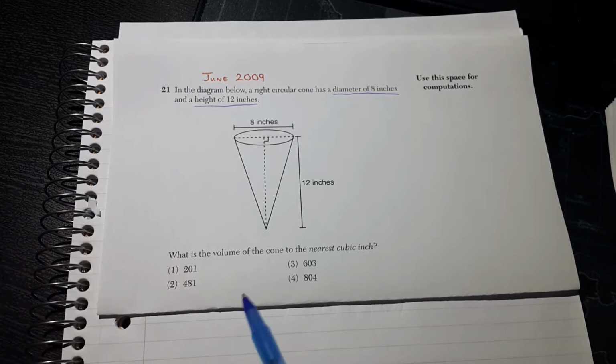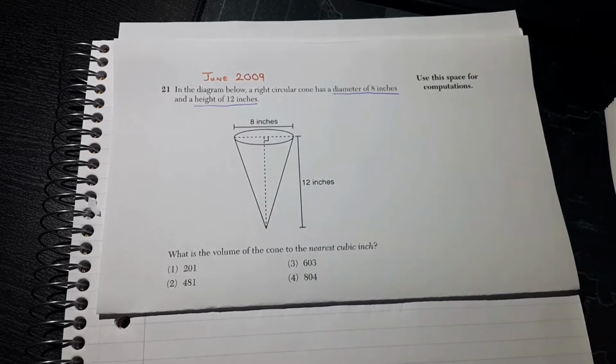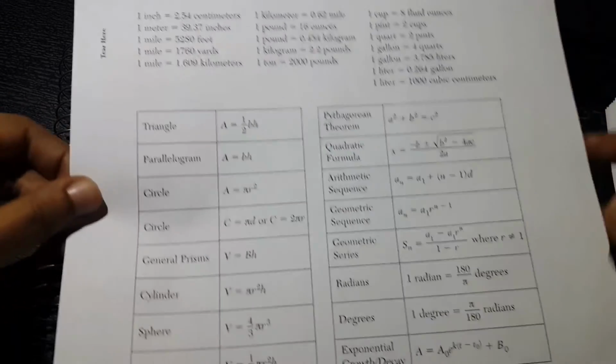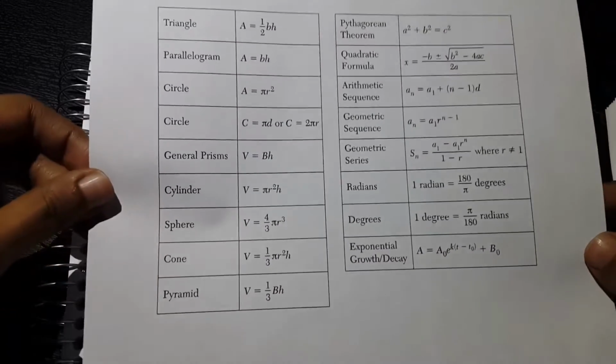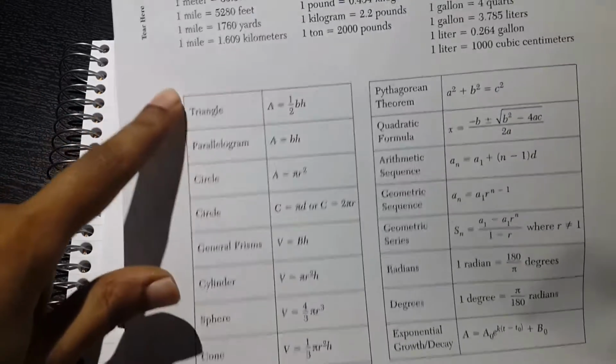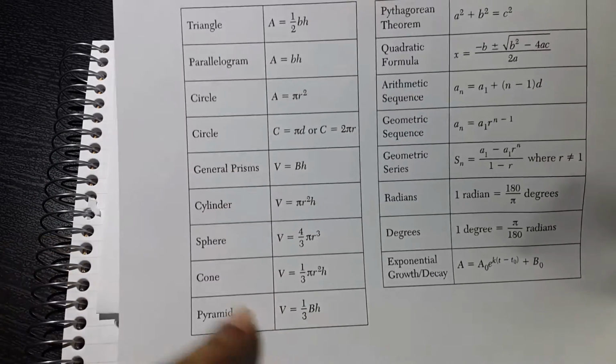Okay, so since we're looking for volume and we're dealing with a cone, let's see if they have anything for us on the reference sheet that's provided at the back of the booklet when you get the Regents packet. So we have a bunch of formulas here. We have area and circumference, and here we have some volumes.